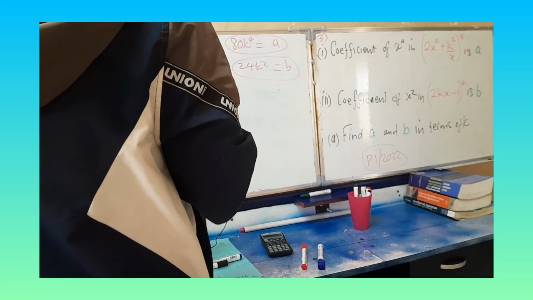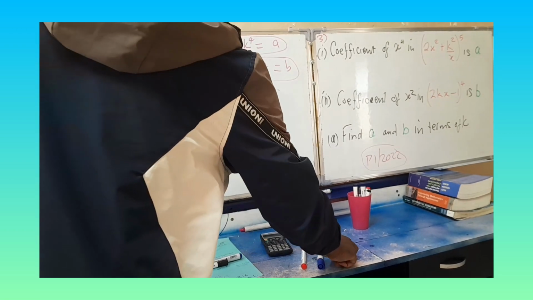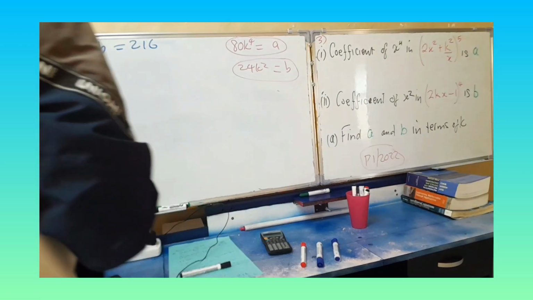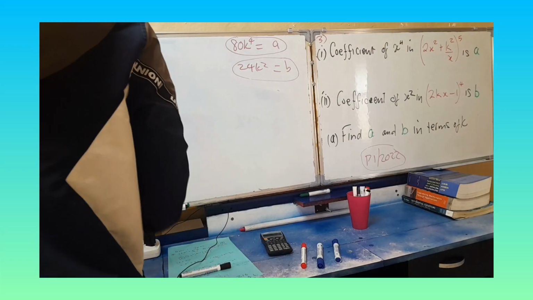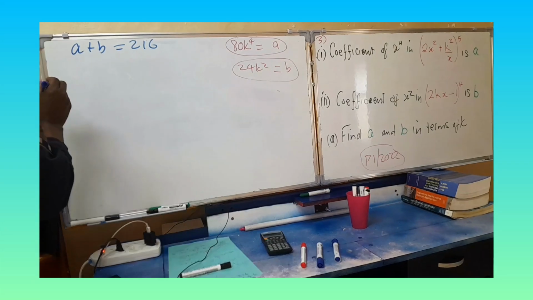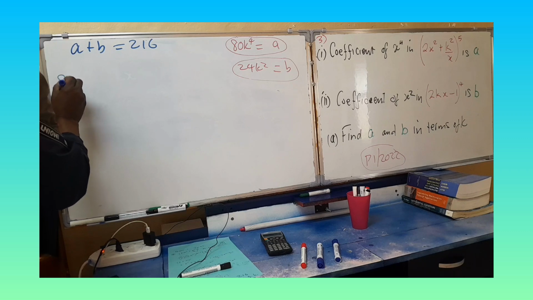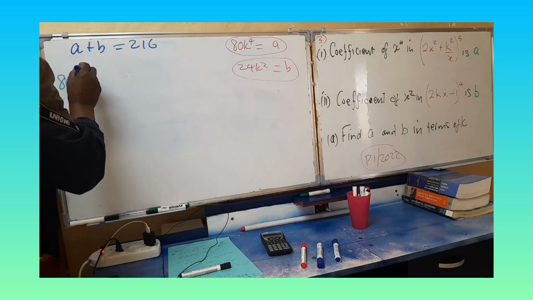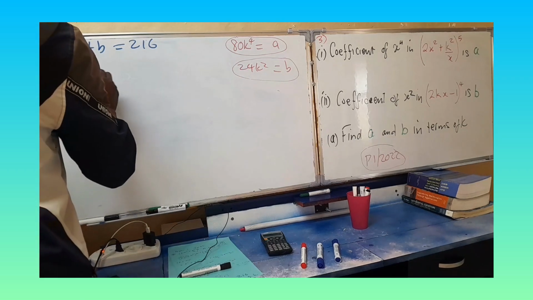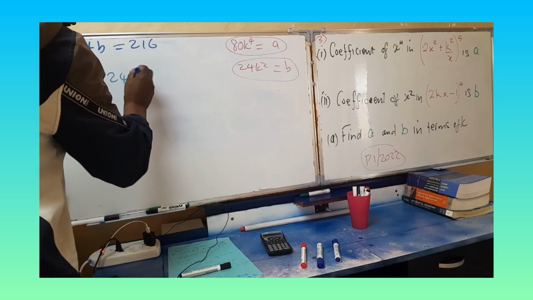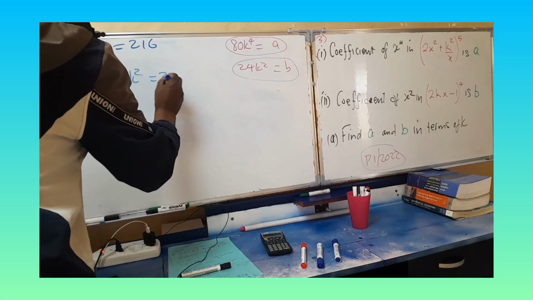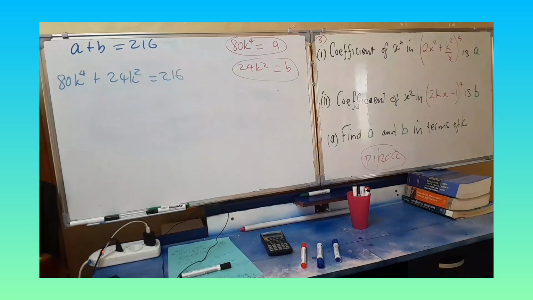It says the possible values of k. You must be careful with that. Right, let's see. a is that, b is that, so that must be equal to that. So we can write 80k to the power 4 plus 24k squared is equal to 216.